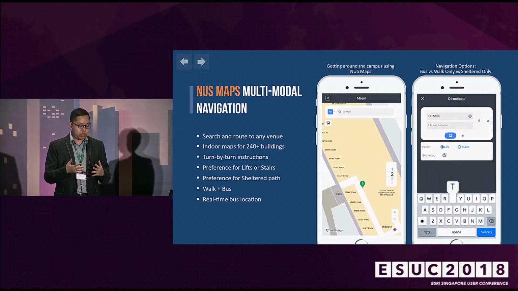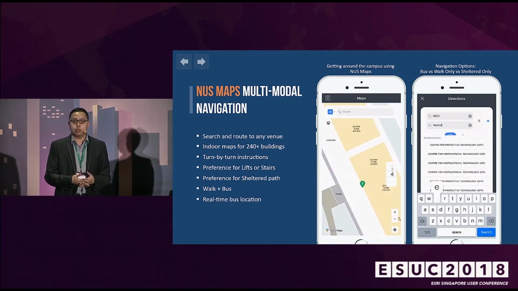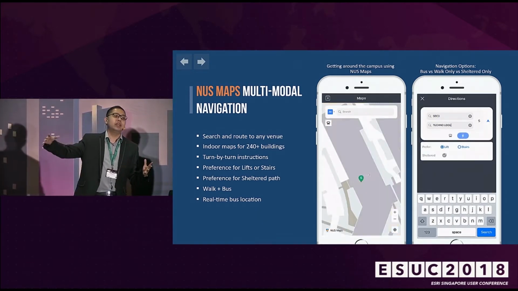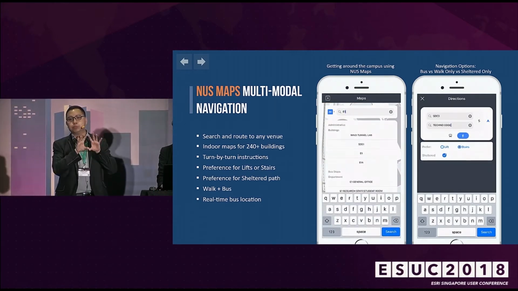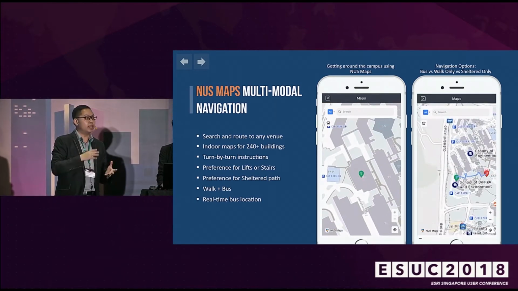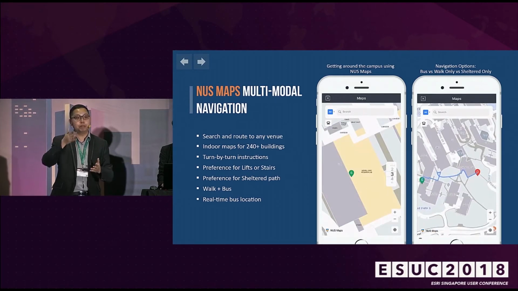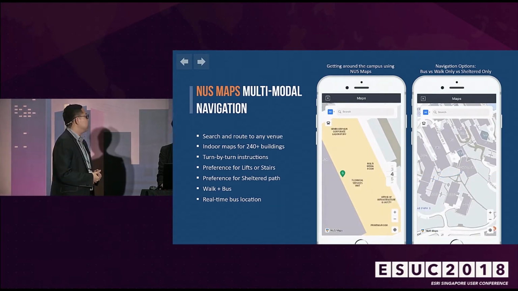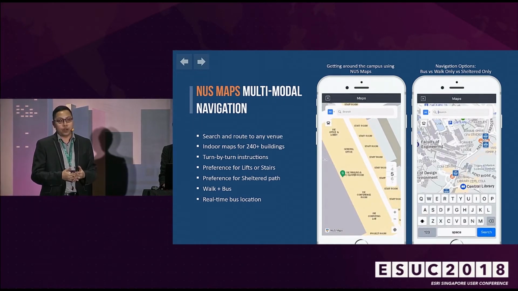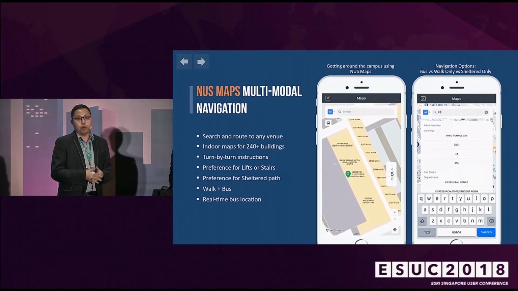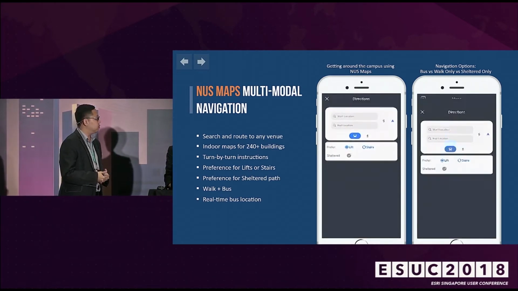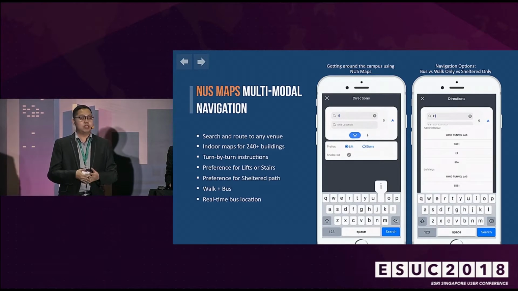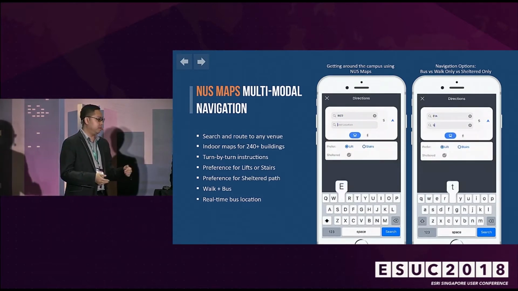This is especially complicated in the case of NUS because we are on an undulating terrain. So building crossing over to building horizontally, you may end up on different levels of another building because they started on lower ground. So we have this now running, available on both the Play Store and App Store for students, staff, and visitors to download to have a go at it.